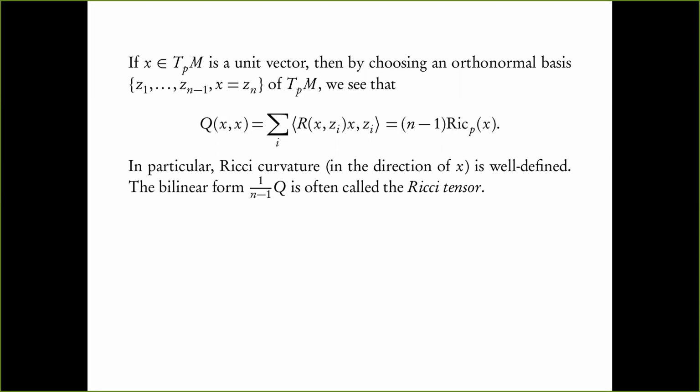We will not say much about this tensor in terms of any local analysis. We will make some remarks later on regarding Einstein manifolds, where this will appear again. But for the most part, we'll be interested in calculating Ricci curvature at P in the direction x. All right. So what about scalar curvature?